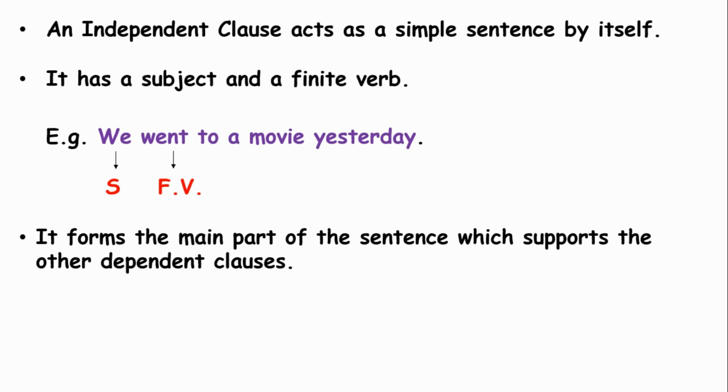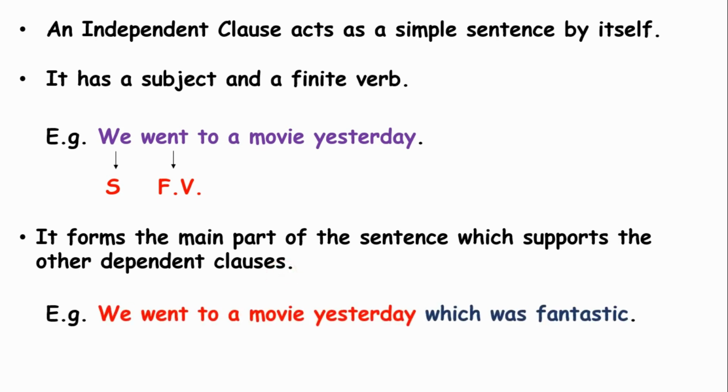It forms the main part of the sentence which supports the other dependent clauses. A sentence may have any number of clauses, but it should have at least one independent clause to support other dependent clauses. Example: we went to a movie yesterday which was fantastic.